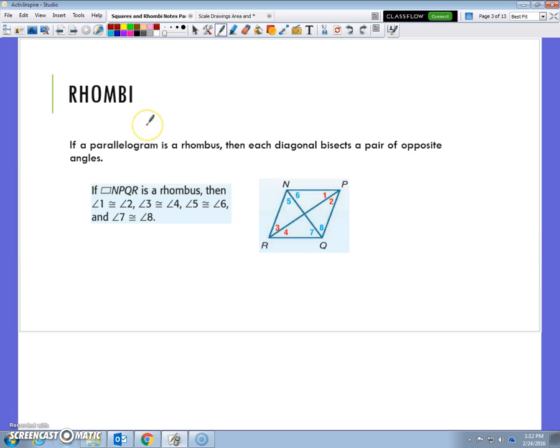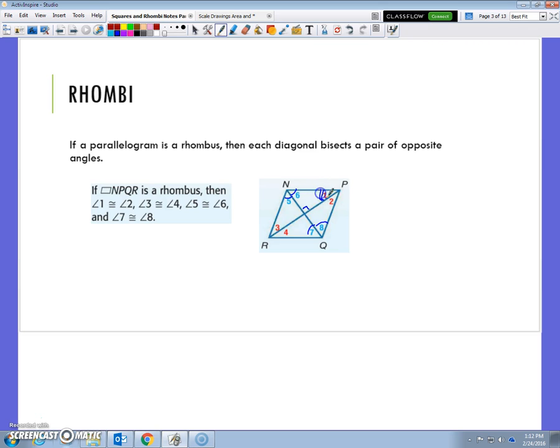It says if a parallelogram is a rhombus, each diagonal bisects a pair of opposite angles. So not only does it make a 90-degree angle in the middle here, this guy we know is 90 degrees, we also know that angle 5 and angle 6 are congruent, which also would mean angle 8 and angle 7 are congruent because those are alternate interior angles.